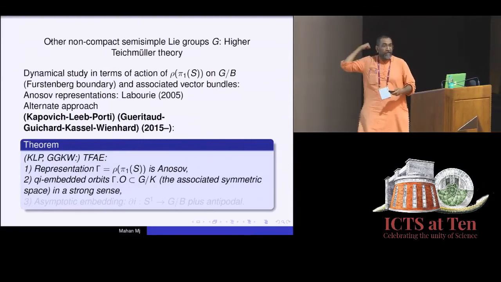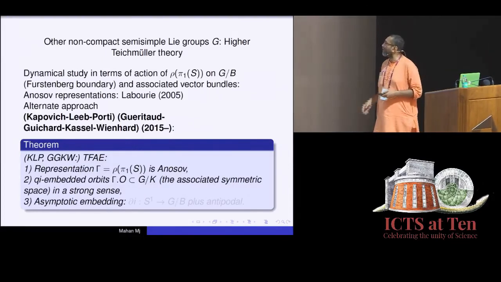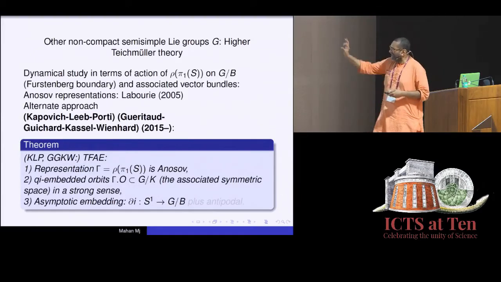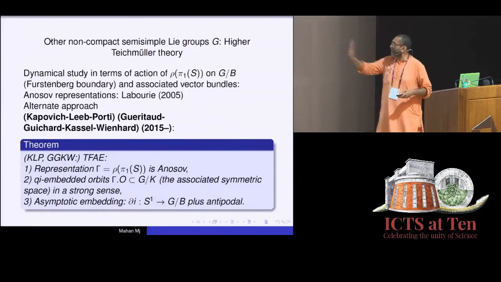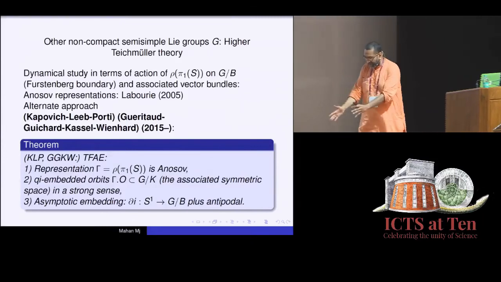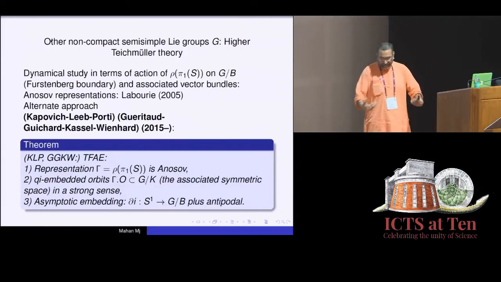You can also take this asymptotic viewpoint, and they are exactly the ones for which you have a continuous embedding from the circle to this analog of the boundary, G mod B. There's a very mild technical condition here, antipodality, which I will not go into. Okay, so essentially Bayes' theory from 1960 has at least a fairly fleshed out version today.